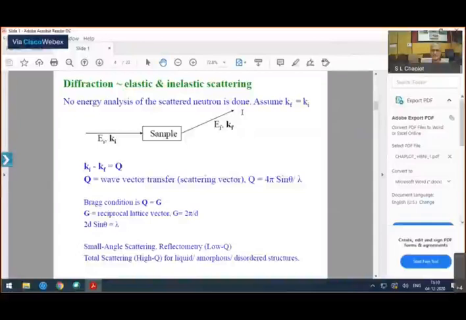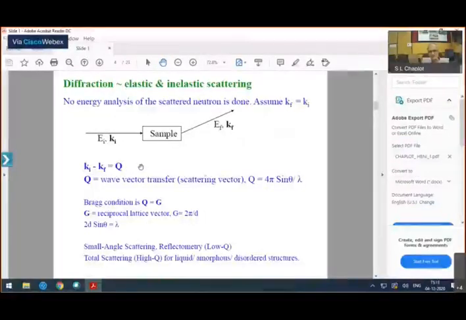It so happens that it is largely elastic at low temperatures, thanks to the Debye-Waller factor and various things like this. So in case of diffraction, one just assumes Kf equal to Ki, that is the energy of the final neutron and energy of the incident neutron are assumed to be equal. And then you can write the vector relation, vector Ki minus Kf equal to Q, that is the wave vector transfer.